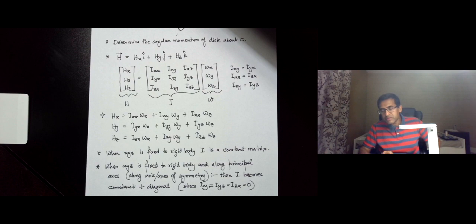And also perhaps I should clarify here that the origin of that coordinate frame is at the center of mass. So if we do that, then we have this benefit of I becoming a constant matrix plus a diagonal matrix, so no non-diagonal entries.